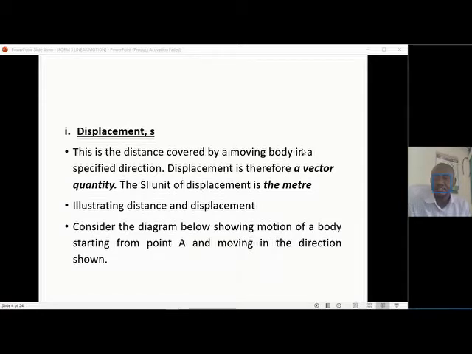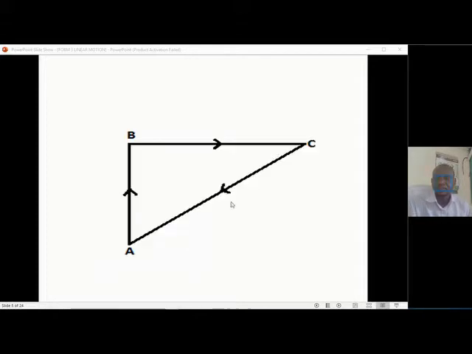Illustrating distance and displacement, consider the diagram below showing the motion of a body starting from point A and moving towards the direction shown. So a body is moving from point A to B, then to C. So if you want to get the total distance this body covers, it is AB plus BC, but the displacement is A to C, correct?